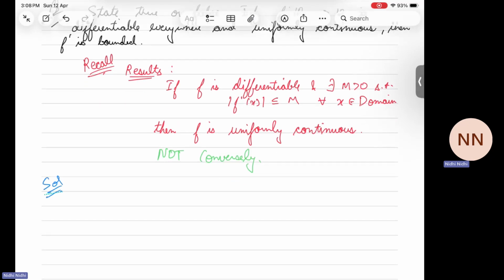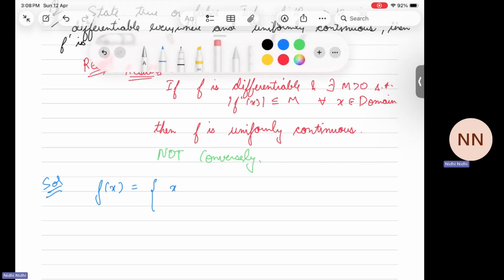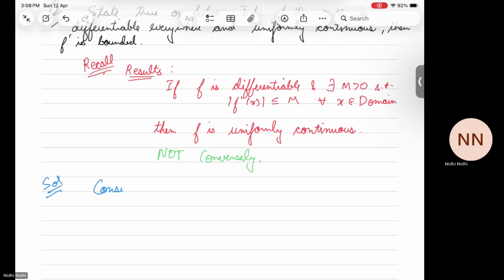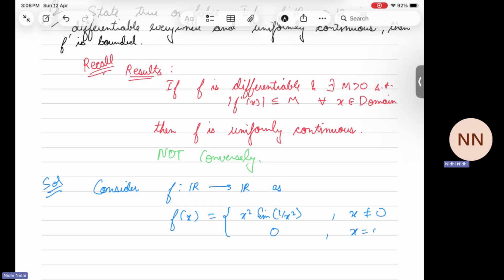A good example would be this: consider the function f from R to R defined as follows. f of x is equal to x square sine 1 by x square for x non-zero, 0 for x equal to 0.